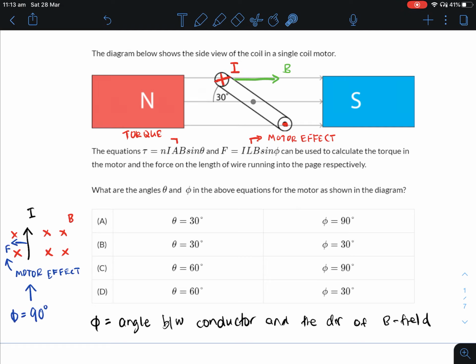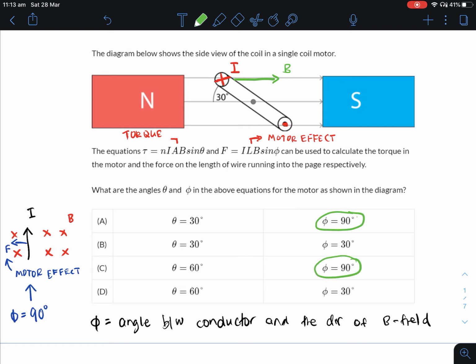Well, if you point your finger into the page, and then you point another finger to the right, and I encourage you to do this, you'll notice that the angle is actually 90 degrees. It's perpendicular. And so the answer here for phi has to be 90. And so we notice that B and D cannot be correct. And so therefore only A and C could be correct.